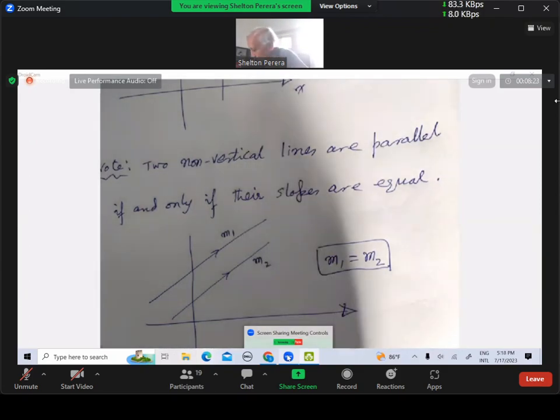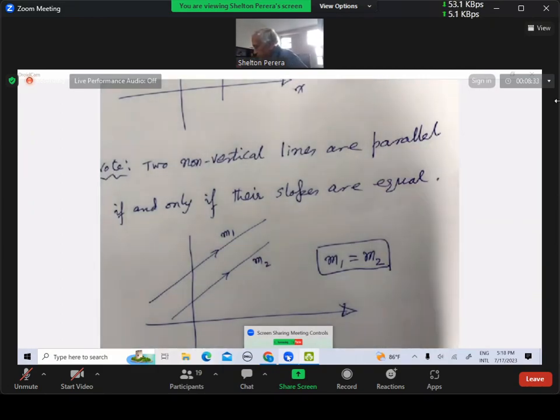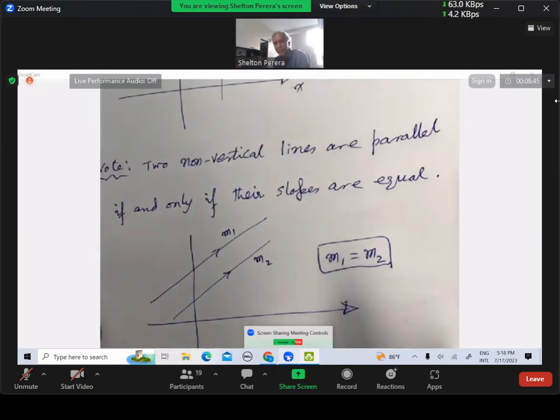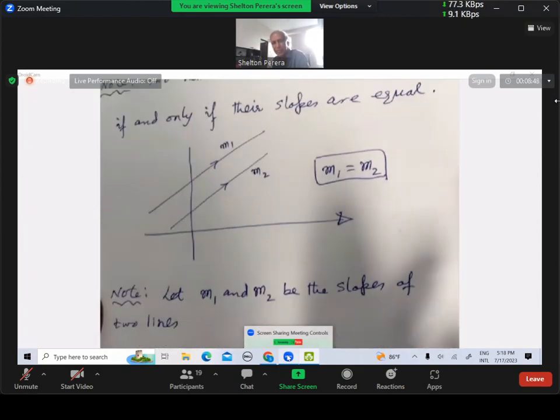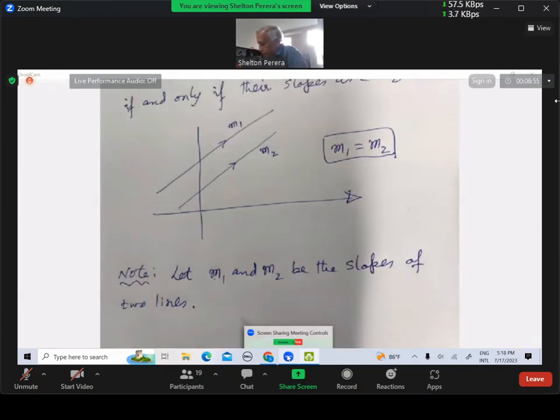True. But let M1 and M2 be the slopes of two lines, neither vertical.